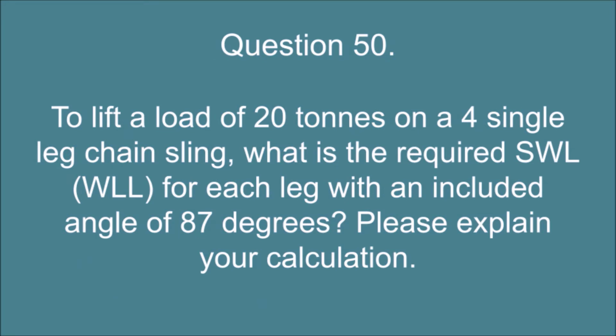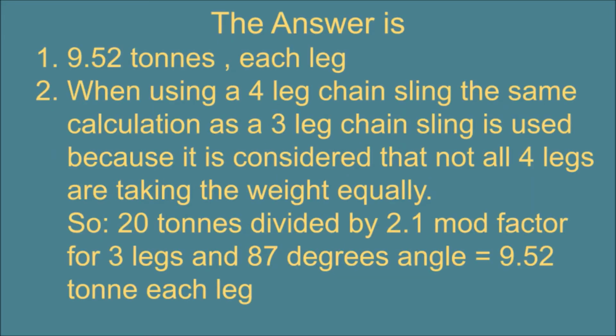Question 50. To lift a load of 20 tons on a 4 single-leg chain sling, what is the required SWL, WLL, for each leg with an included angle of 87 degrees? Please explain your calculation. The answer is 1. 9.52 tons for each leg. 2.